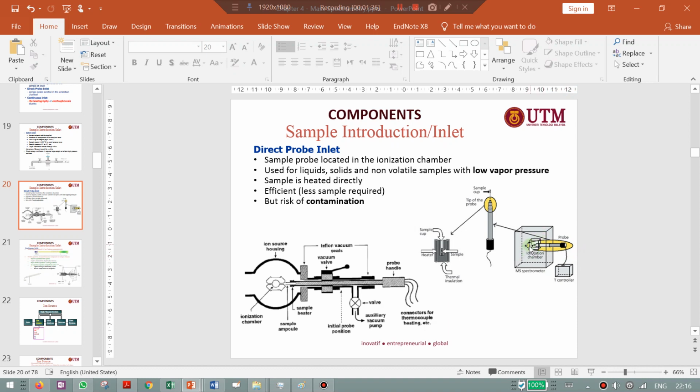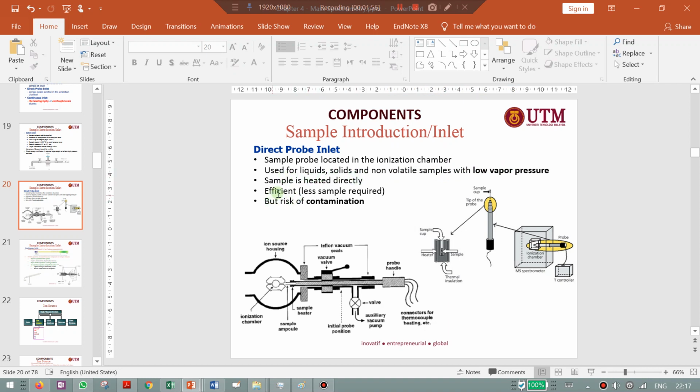From the ionization chamber, your ionized fragment ions will go through your mass analyzer after this, right? The sample probe is located at the ionization chamber, and is used for liquid, solids, and non-volatile samples with low vapor pressure. The sample is heated directly.